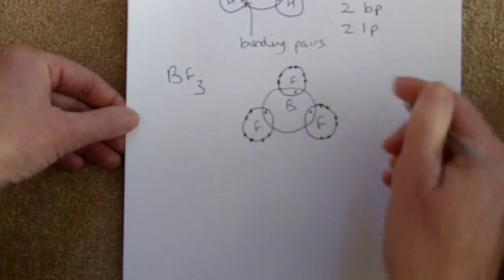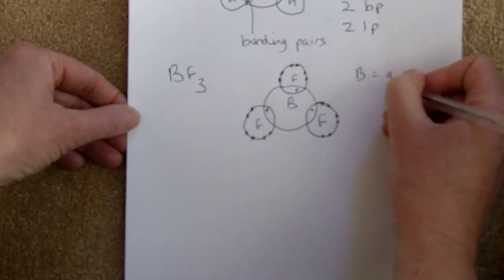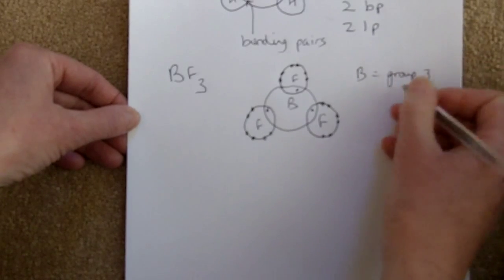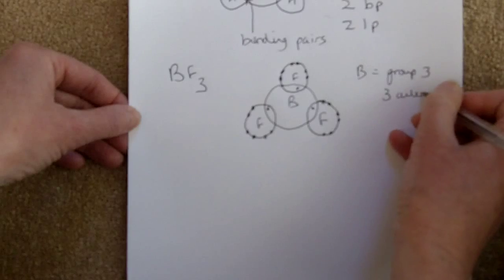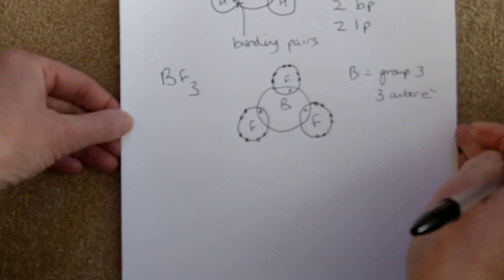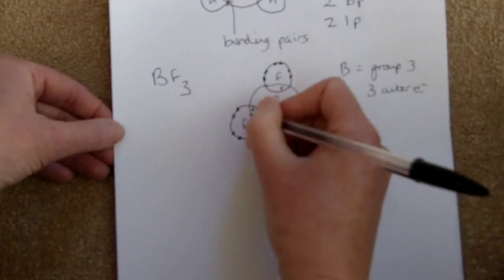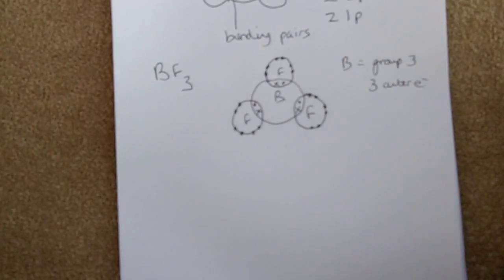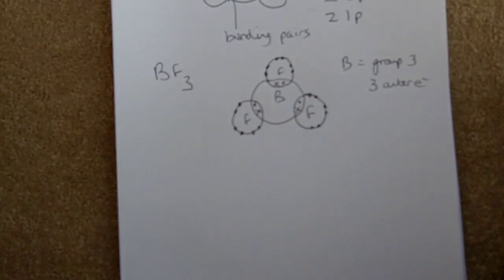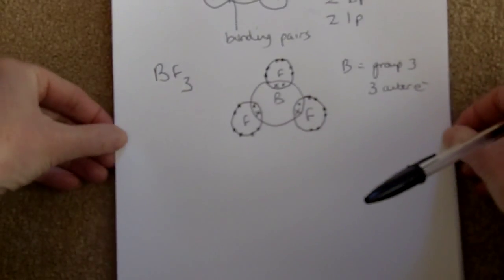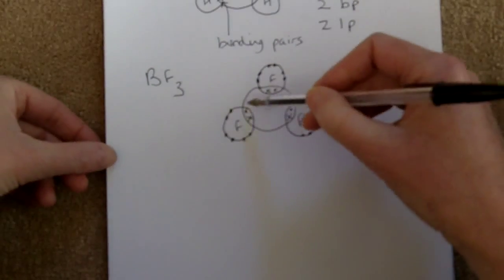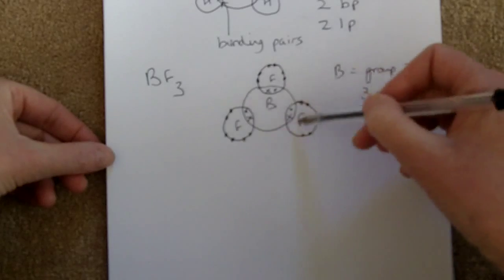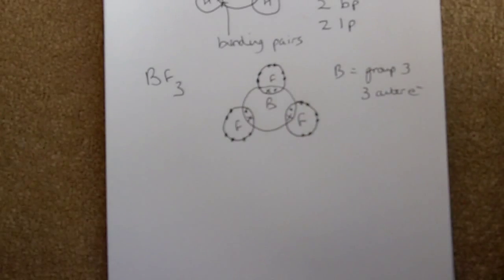And then boron is in group 3, which means that it's got 3 outer electrons. Remember, we're only bothered about the outer electrons. So I'm going to put 1 here, 1 there, 1 there. So what do you notice about BF3? The central atom does not have a full shell.